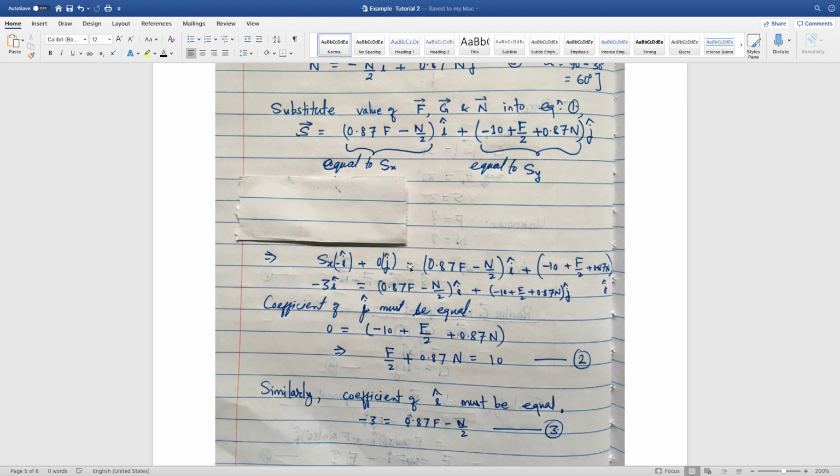So this part must be equal to whatever we got here. So just copy everything from here to here. And then what is sx? Sx is a component of vector S along the negative i hat direction, right? So that means Sx is really S cos 0 degrees, right?